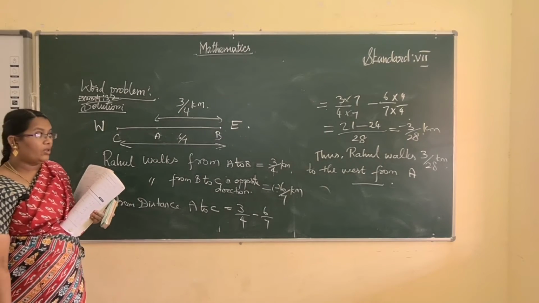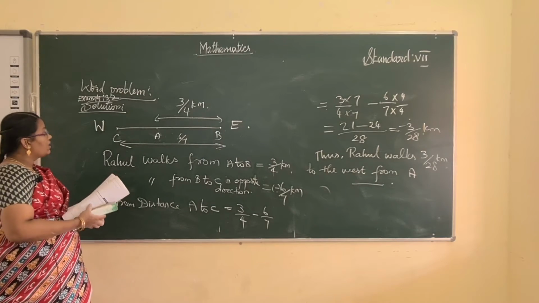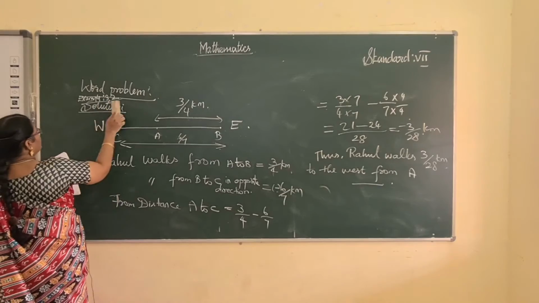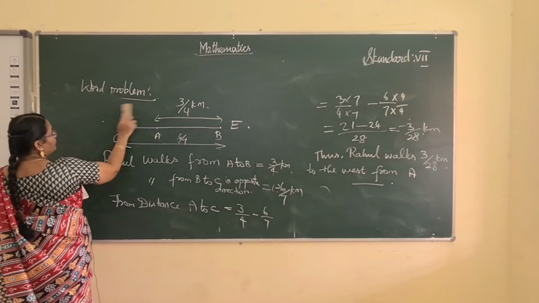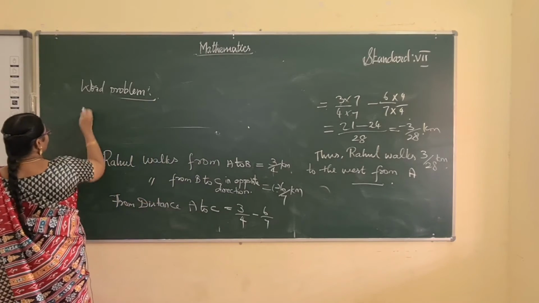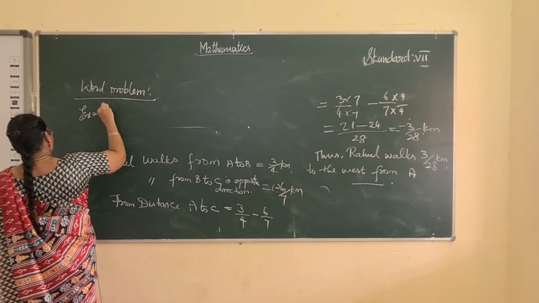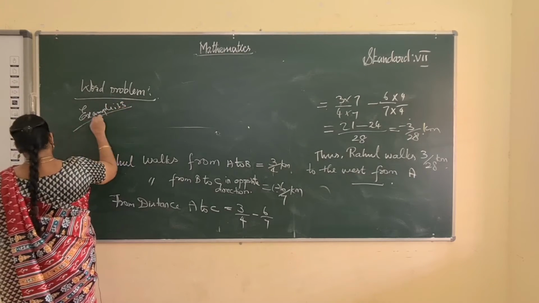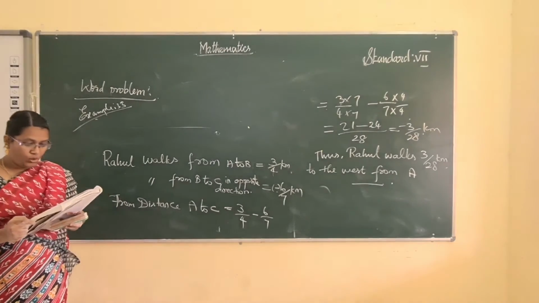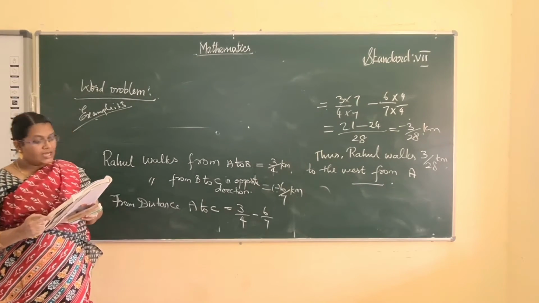3 by 28 kilometer. Okay. I hope you understood this example. Next example 33. Suman reads 1/3 of the storybook on the first day and 1/4 of the book on the second day.